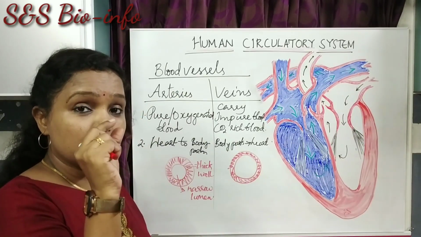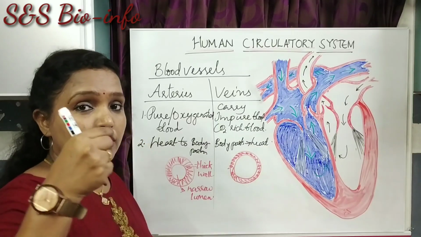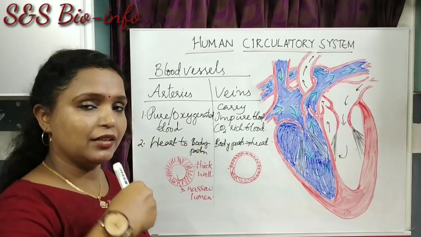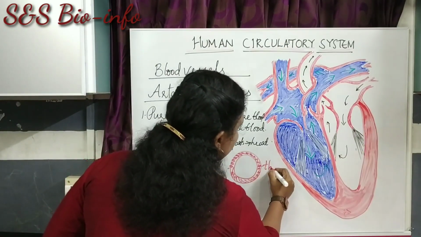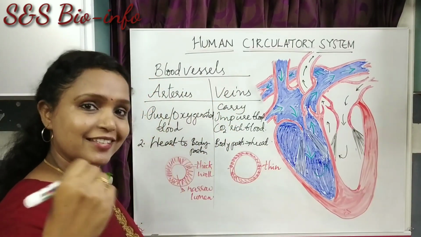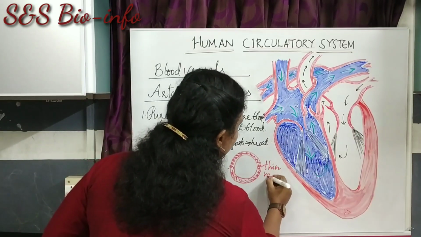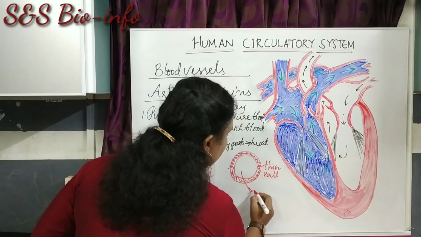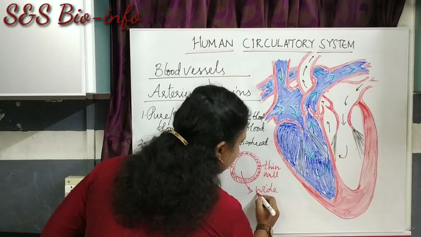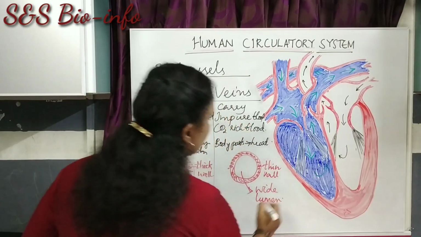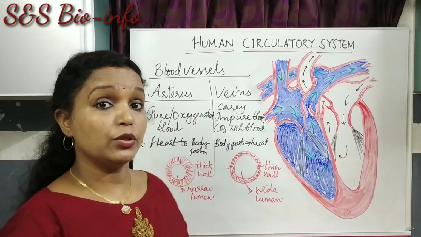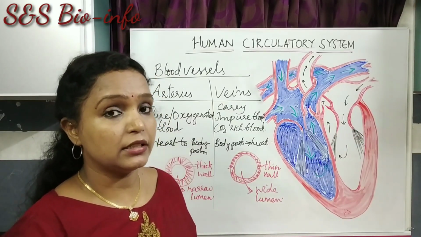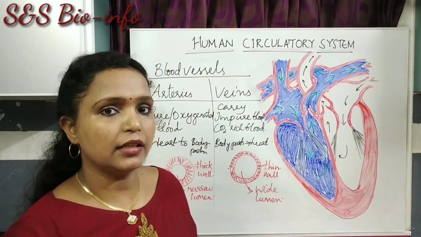So the lumen is very narrow so that the blood pressure is very much high in the artery. While here the wall is thin. The vein has thin wall. The lumen is wide. So the blood is going very slowly so that compared to the artery, the blood pressure is comparatively low inside the veins.